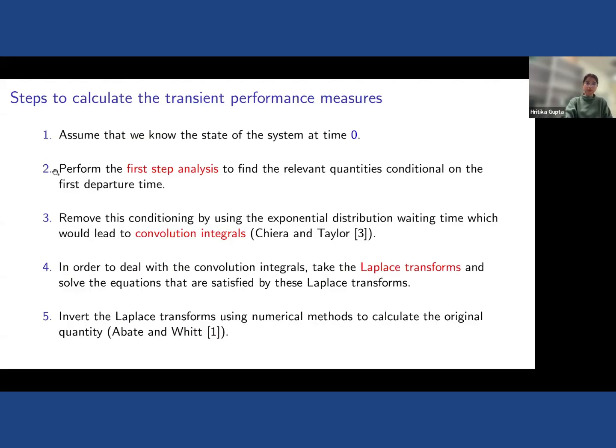It's a reasonable assumption. We then perform the first step analysis to find the relevant quantities conditional on the first departure time. So first step analysis is a common first step for analyzing Markov chains. And the relevant quantities here refer to whatever performance measure you're looking for. So I calculated different performance measures.